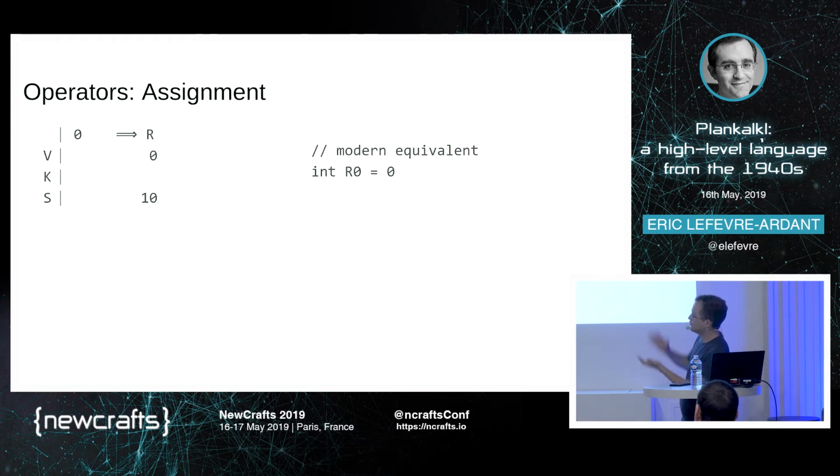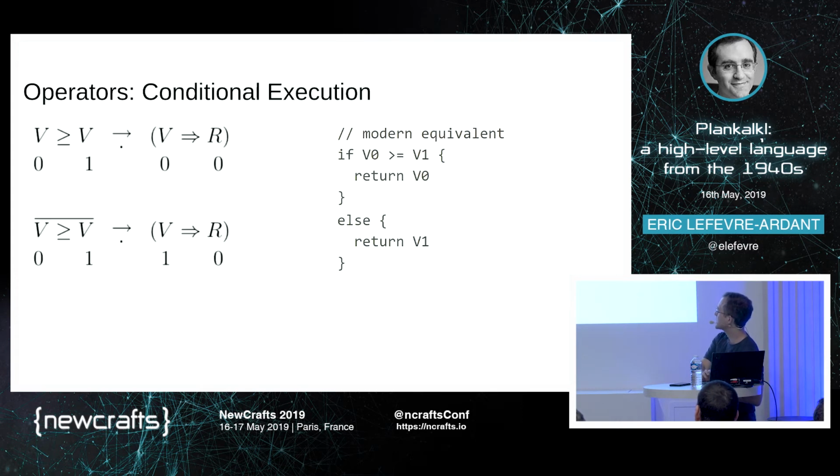Operators, so the most important one, the simplest one, is the assignment, the double arrow. This assigns value 0 to the result value 0, the first result value, which is an integer, got it? Easy enough. We have conditional execution. So it doesn't really talk about Boolean values in this paper, although you could say that they were there.